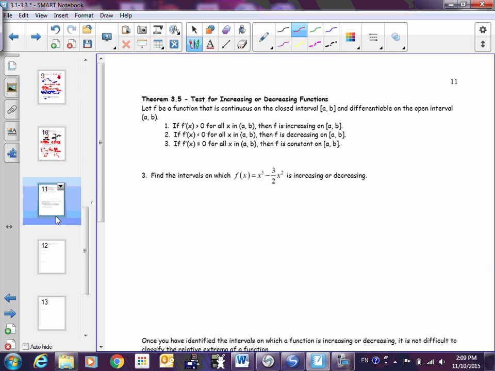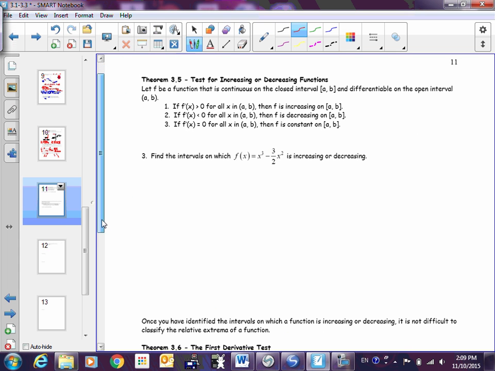So here we get a theorem, theorem 3.5, and we have a test. It's pretty much what we just said, but this is going to help us for problems like 3 where we're not given a graph. We're just given an f of x. By the way, this is one of those theorems that doesn't have a special name, so we're not going to refer back to it. It's just theorem 3.5. But notice the conditions. F has to be continuous, closed interval, differentiable.